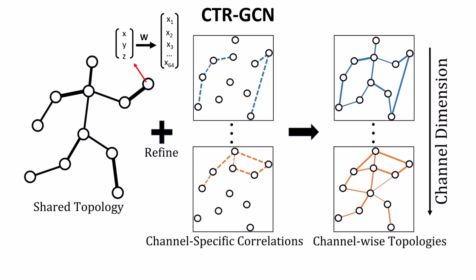Then they devise a method that for each sequence dynamically assigns a new topology for each channel. Like for the first channel it assigns this topology, and on the last channel it assigns this topology, and then they refine the original shared physically connected topology with these topologies by simply adding them, so we end up having these topologies in the last column.